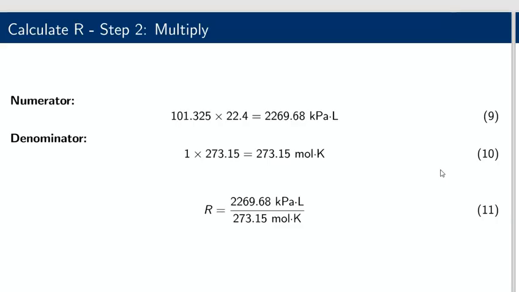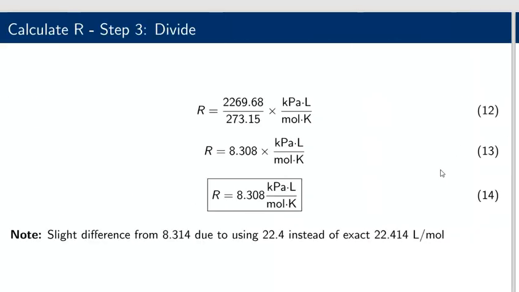Now R is numerator by denominator, so that will be 2269.68 kilopascal liter by 273.15 mole Kelvin. Now we put the units all together and then we calculate. So R will be 8.308 kilopascal liter per mole Kelvin.